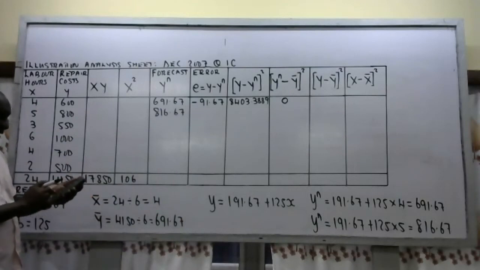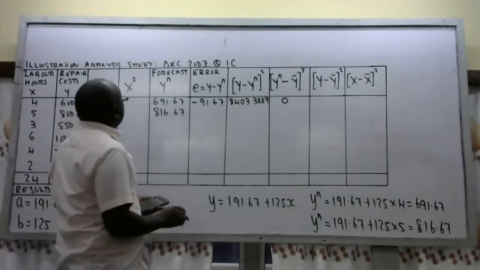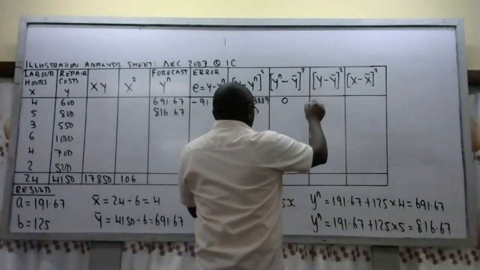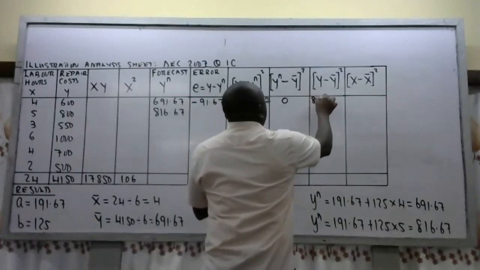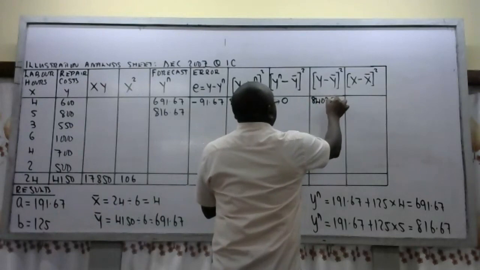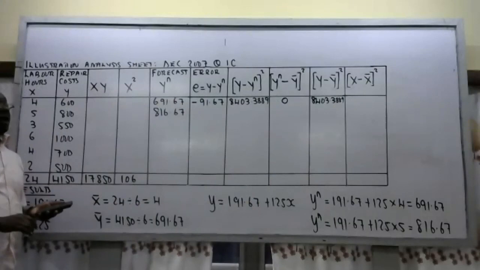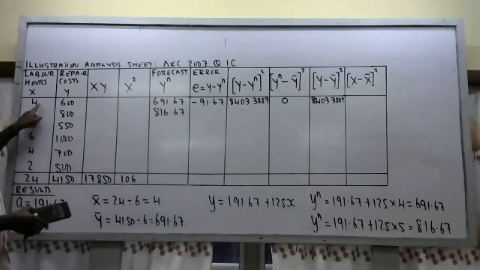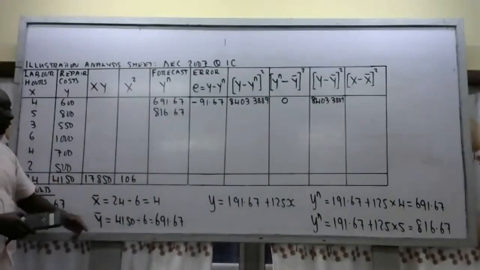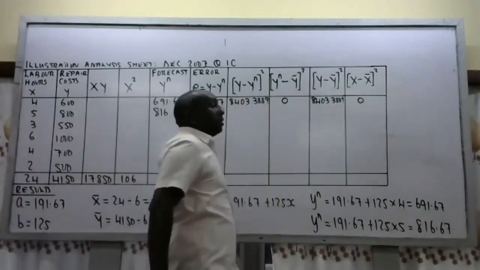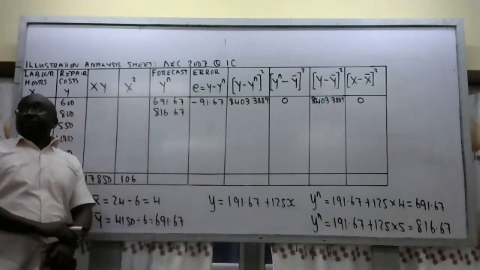Y bar is 691.67. Square that value. You get again 8403.3889. And then x minus x bar. So take this 4 minus 4, that gives us another 0.